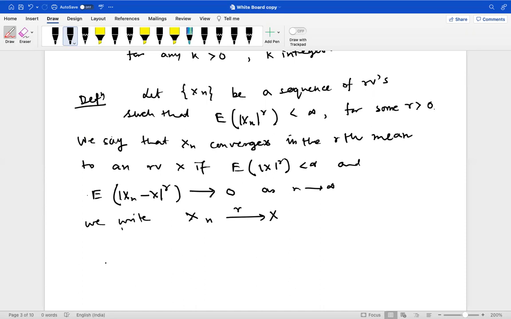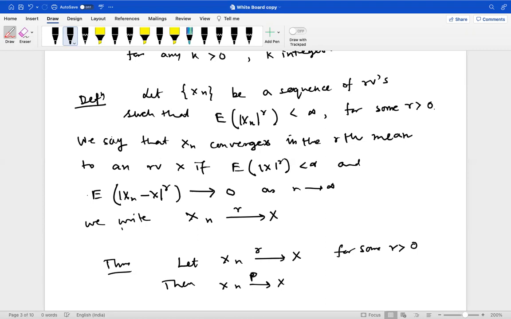Now the important theorem is this. Let Xn converge to X in the rth moment for some positive r, then Xn converges to X in probability. So rth moment convergence is stronger than convergence in probability.